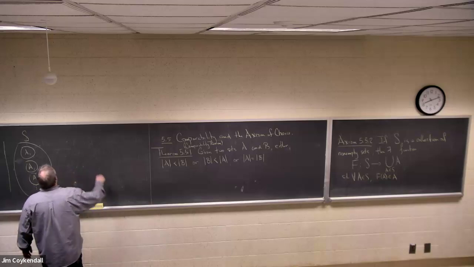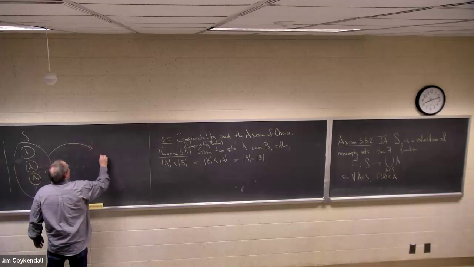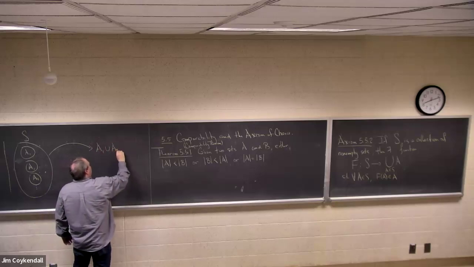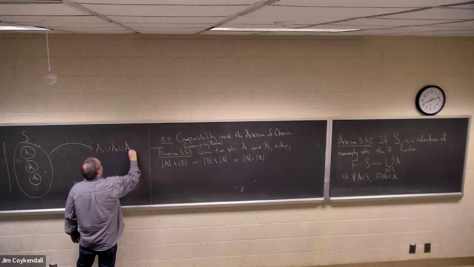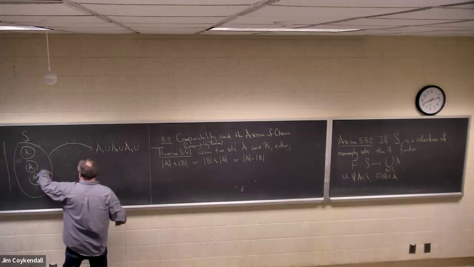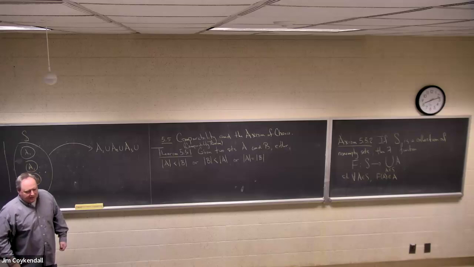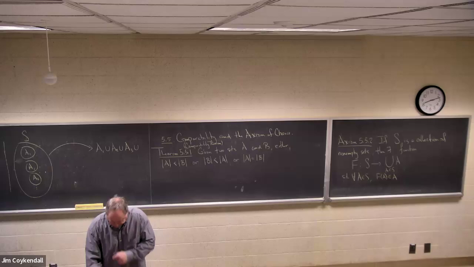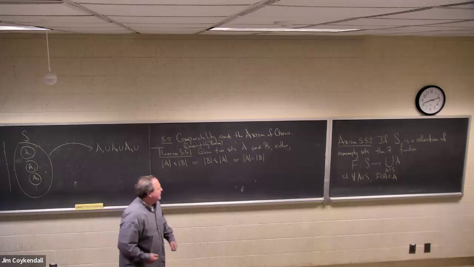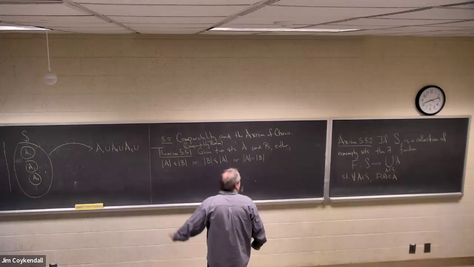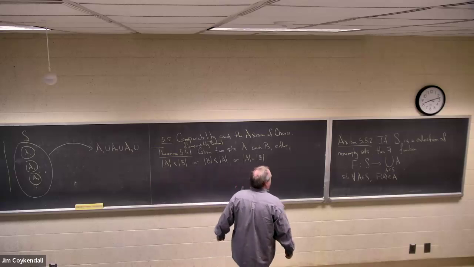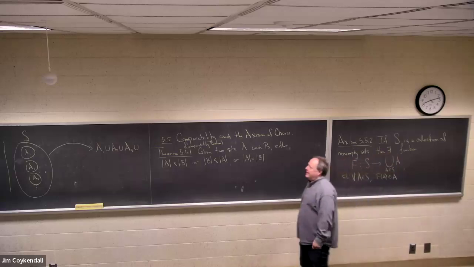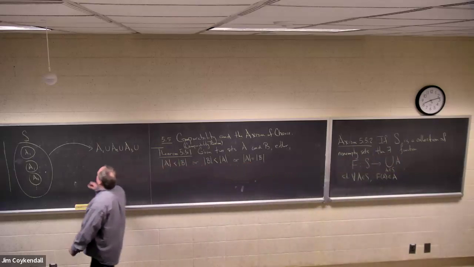What does f do? f goes into A1, A2, and so on. By the way, I am writing this specifically for countably many sets. It could be much more. I just want to illustrate what this is saying. So there has to be a function from S into the union of all these things, such that given any A in S, f of A is in A.